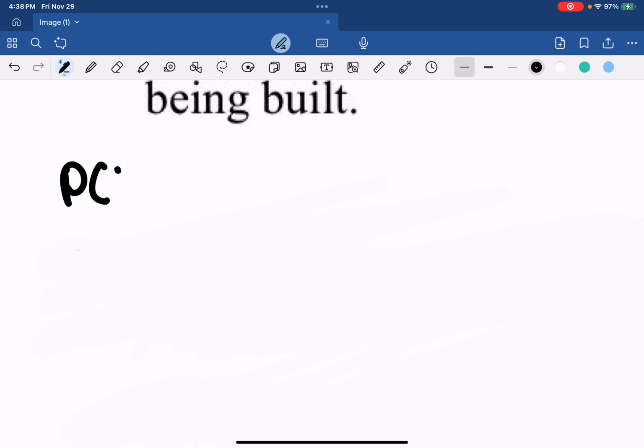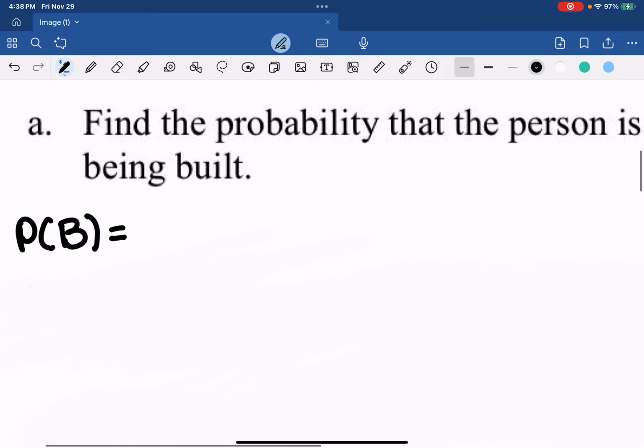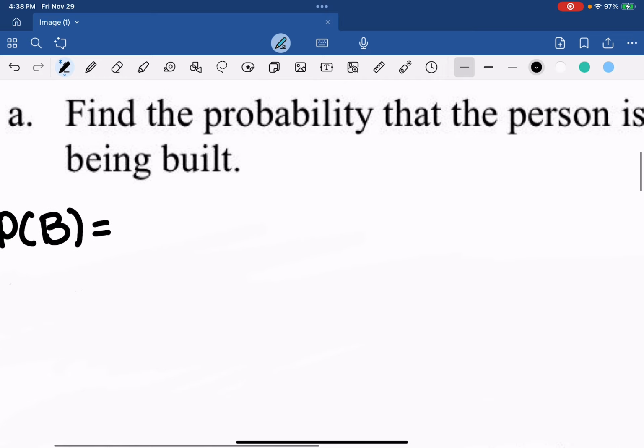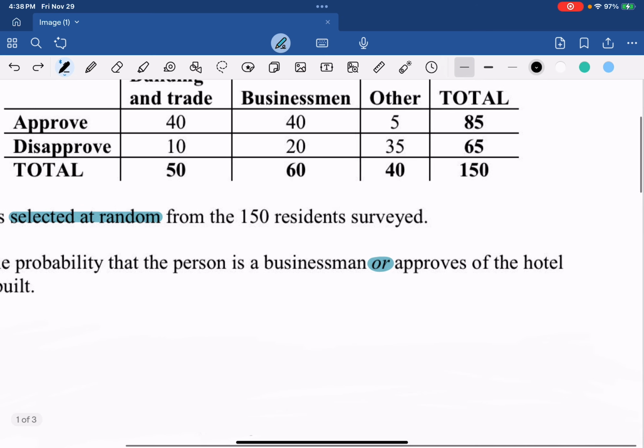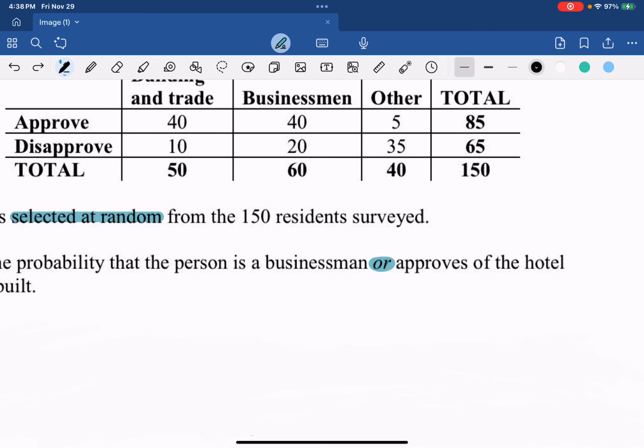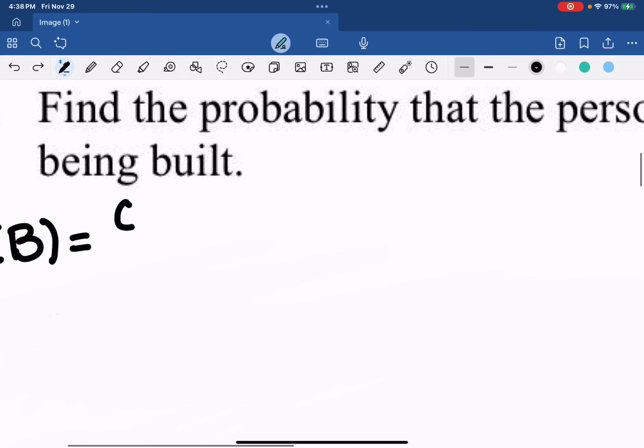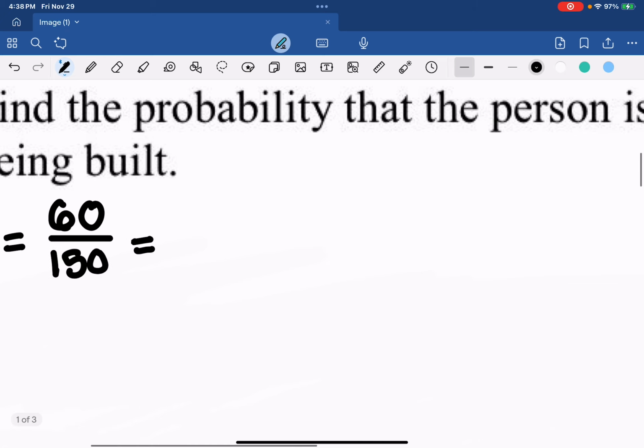I'm going to abbreviate by writing P(B). We have the total number of businessmen, which is 60, divided by the total of people, 150. So we do 60 divided by 150, and that comes out to 0.4.